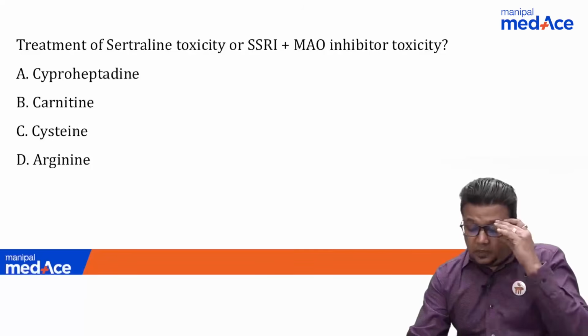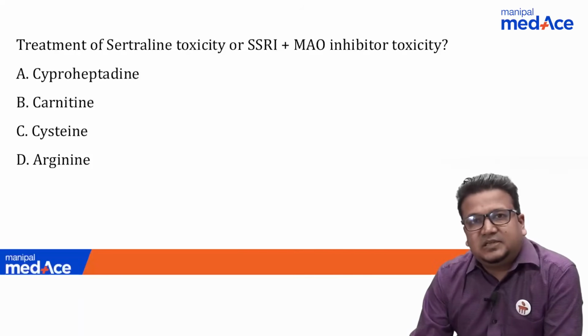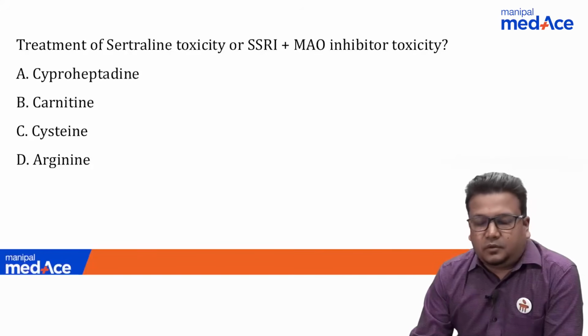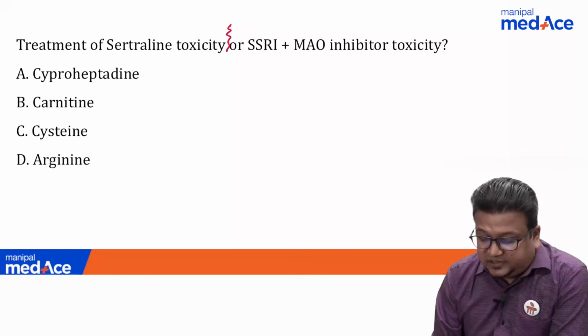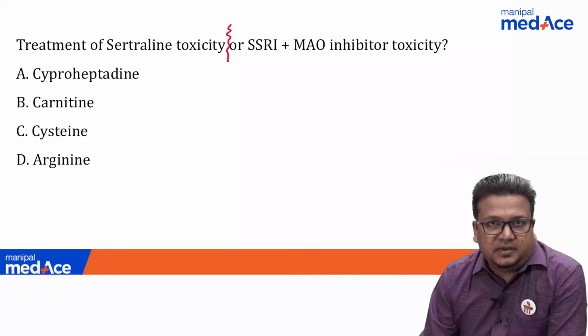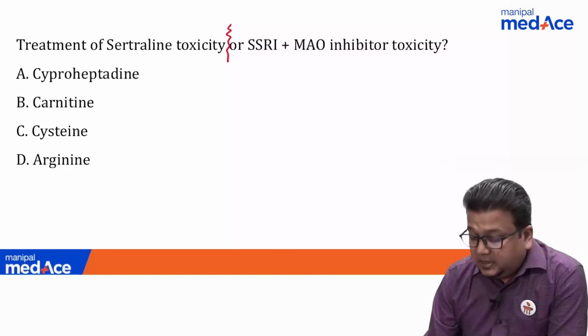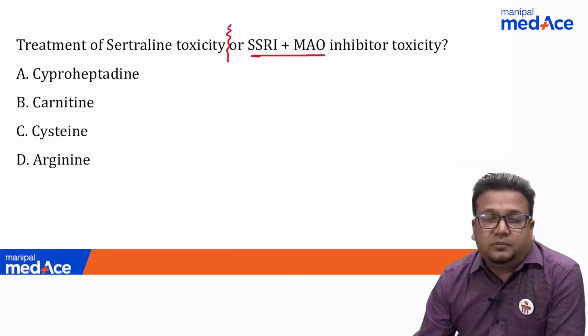Next question, again there is not consistency among many students who have recalled this question. Some students say that it was actually treatment of sertraline toxicity, sertraline being an SSRI, that question was asked, and some other students say no, actually it was a combination of SSRI with MAO inhibitors.